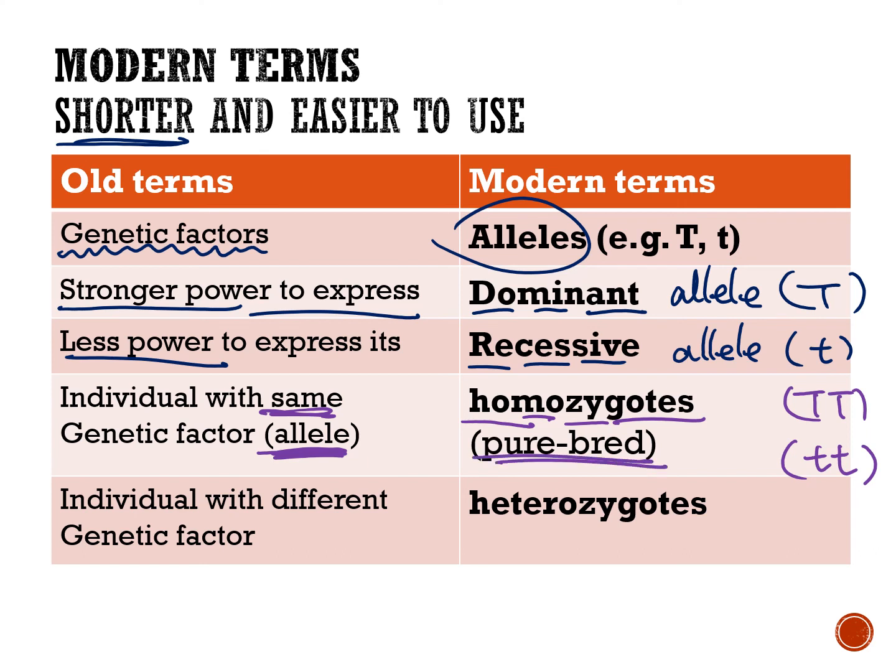We may also call this purebred, 纯種. And if the organism has different alleles in its body, such as big T and small t, we call this heterozygote. Hetero means different allele.